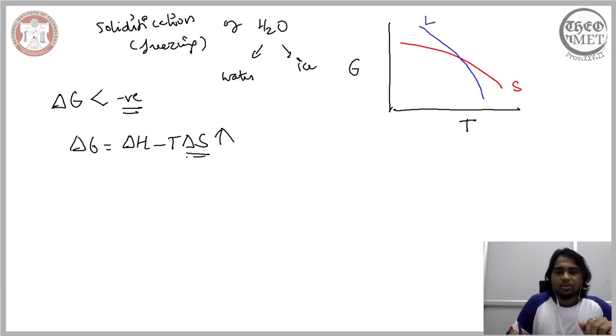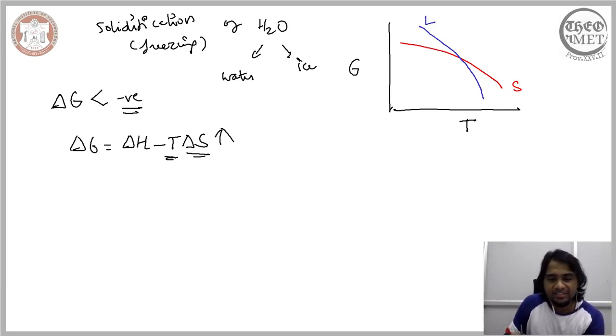When you have a constant increase in the entropy, particularly as the temperature increases, the importance of this term keeps on increasing, and for an irreversible change, the delta S is always increasing. That is the criterion from the second law of thermodynamics.